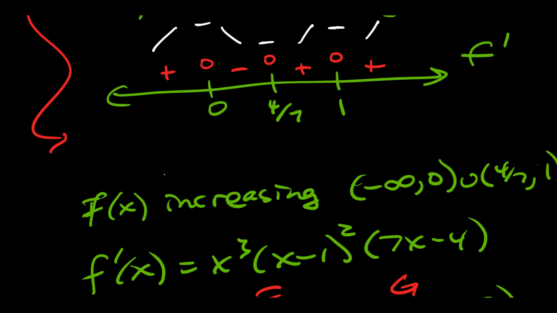Kind of like that. Goes up, and then down, and then up, and then it evens out at 1, and then it goes back up again. So there's a max here, there's a min here, and then there's an inflection point at 1. So the inflection point actually is right here at 1.